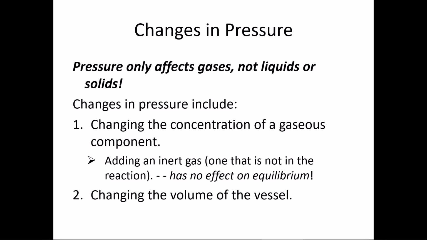It will not cause it to shift toward the left or the right, because it's changing only its partial pressure or the total pressure of the whole reaction. So the partial pressures of the reactant and product gases remain the same. But adding a gas component of the reaction will reshift the reaction, and we'll look at that in a minute.